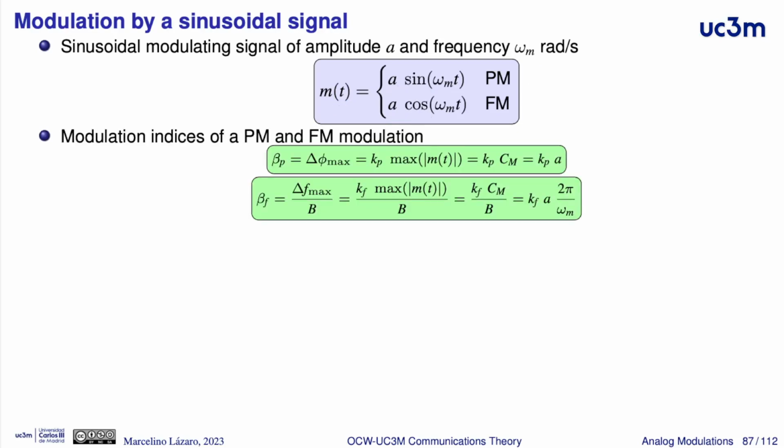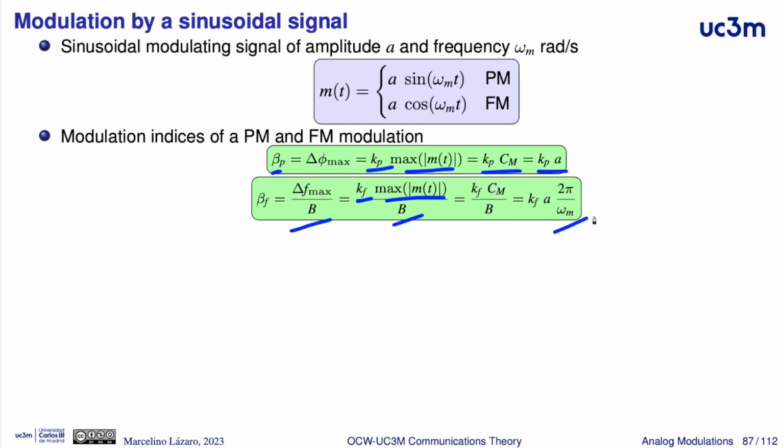For a sinusoidal modulating signal, it's very easy to compute the modulation indexes. For the phase modulation, it is equal to the product between the phase deviation constant and the range of the modulating signal, Kp times the range, but the range for a sinusoid is equal to its amplitude A, so Kp times A. For the frequency modulation, it is the maximum frequency deviation divided by the bandwidth in hertz, Kf times the range divided by B, the bandwidth in hertz, and the bandwidth for a sinusoidal function is relatively simple.